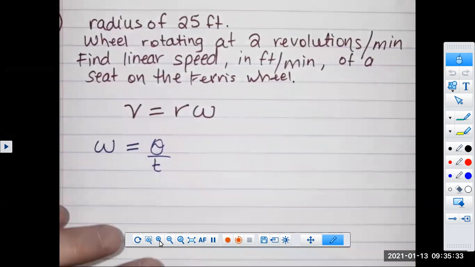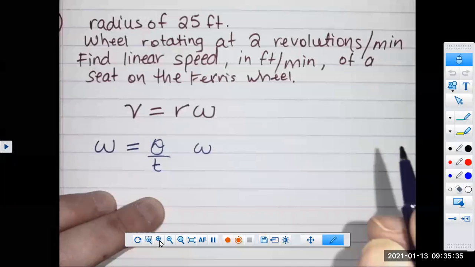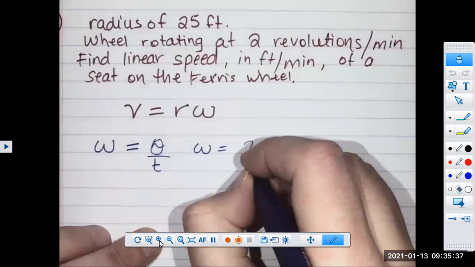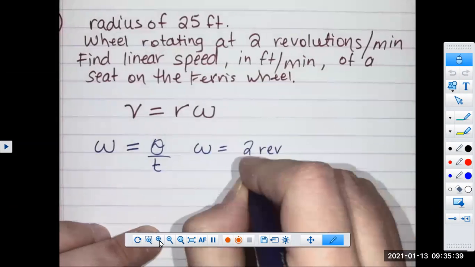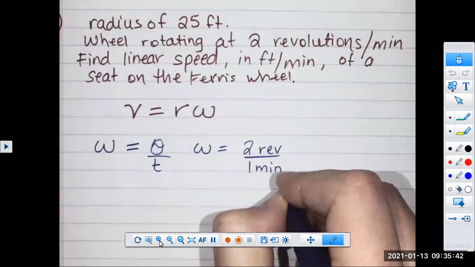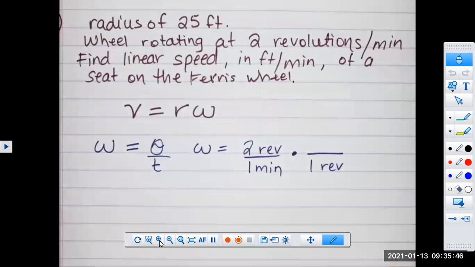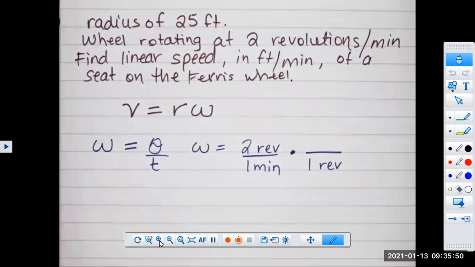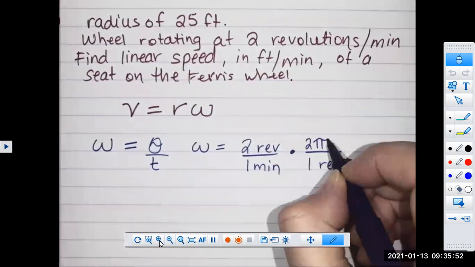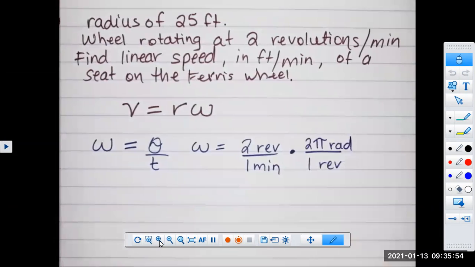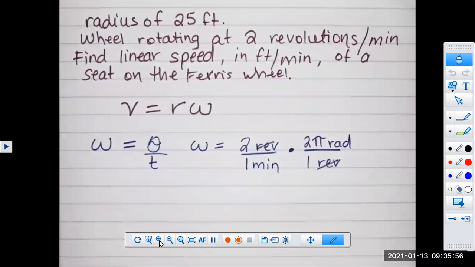Okay, so they tell you that it's rotating at 2 revolutions a minute. How many radians are in 1 revolution? Good, there's 2 pi radians in 1 revolution. So that's going to make your revolutions cancel.